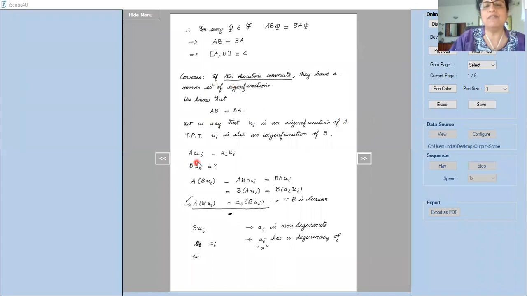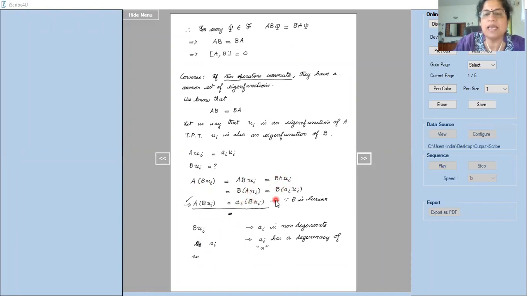So essentially, if you now have ui, which is an eigenfunction of A, and you can write that A operating on ui is equal to this number small ai times ui, then the question is, would ui also be an eigenfunction of B? What we did was, if you remember, we tried this AB operation on ui, and then because we knew that AB is the same as BA, we reversed the order.